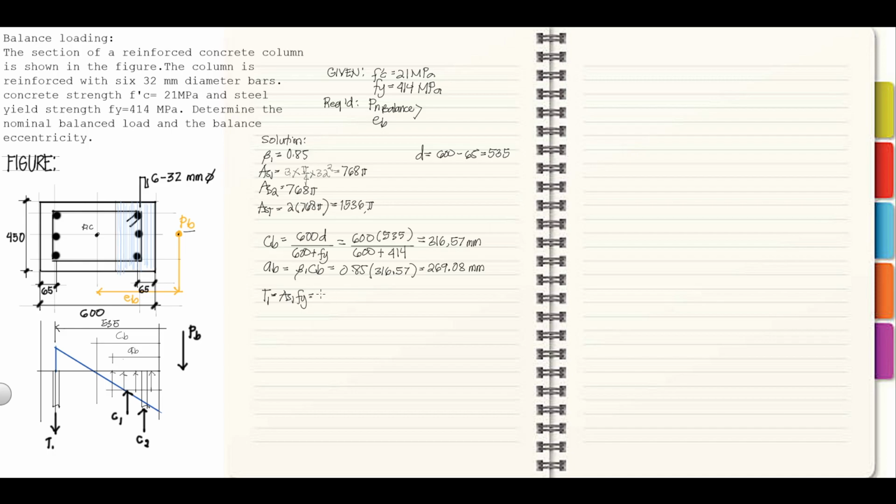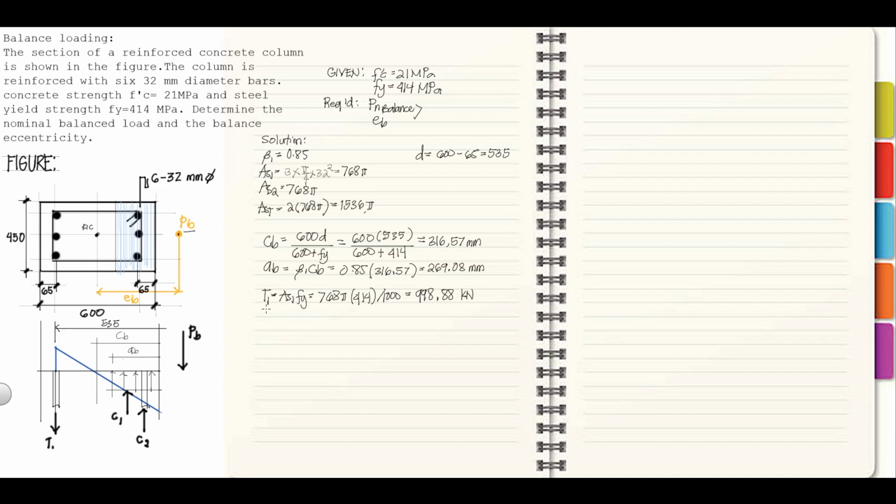So that is 768 pi times 414. Huwag niyo kalimutan i-divide ng 1,000 para maging kilonewton. Okay? So that is 768 pi times 414. Divide natin ng 1,000. That is 998.88. Okay? Kilonewton. Right? So that is our T1.